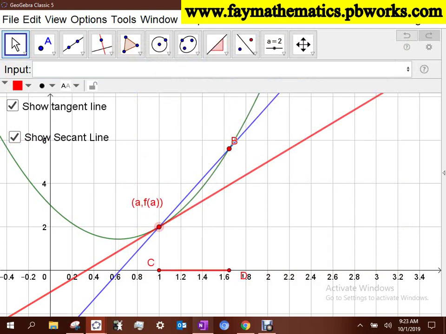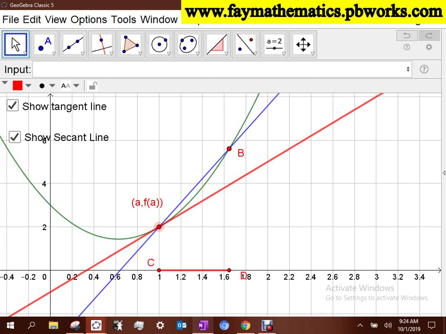Does that make sense? So this distance here is a, and this vertical distance here would be f of a. Okay? Well, to get to B, don't we go from lowercase a and add a little bit to it to get to B? Does that make sense? Now, what I'm adding to it is this distance here.